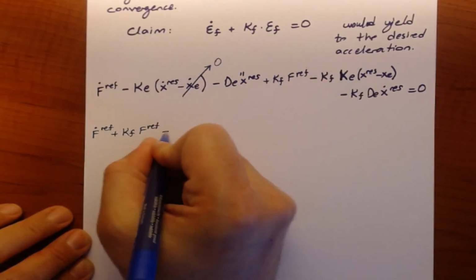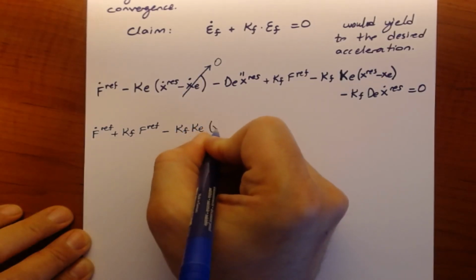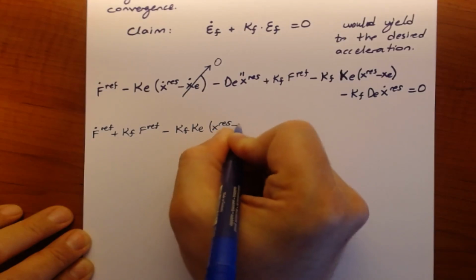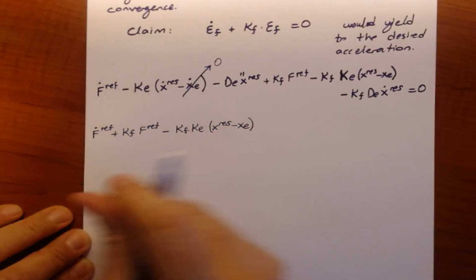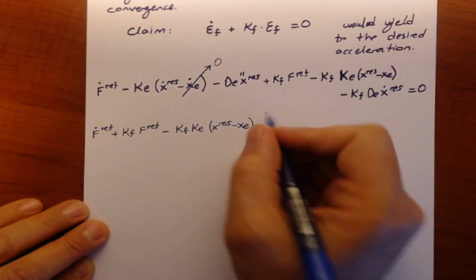Minus kf ke x response minus x environment. So this term is used. Now we can have a look at the velocity terms.